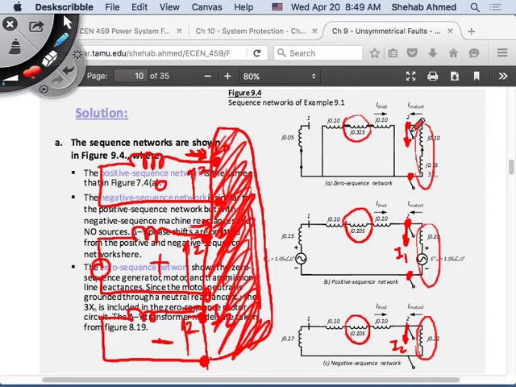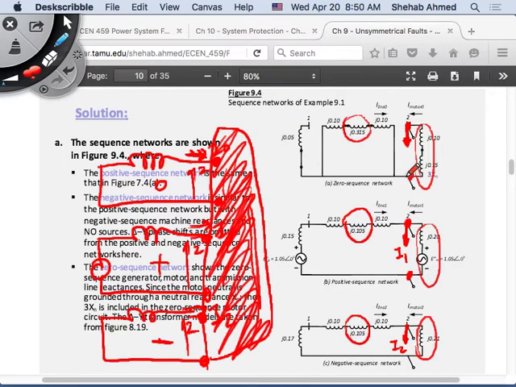Where do these quantities physically go on the original representation of the system? They go here. The current is the zero sequence current at bus 2 due to the type of fault. There is a zero sequence current between this node and my ground.